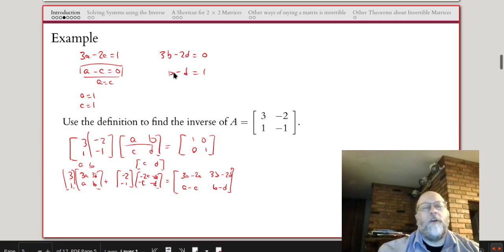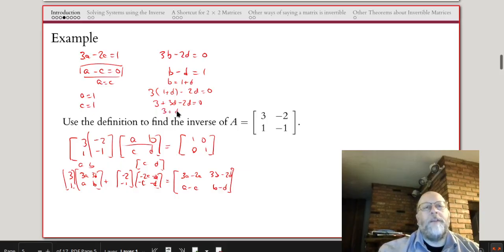This one's a little harder to solve because B minus D is 1. And so B is equal to 1 plus D. We can make a substitution there. 3 times (1 plus D) minus 2D is equal to 0. So 3 plus 3D minus 2D is equal to 0.